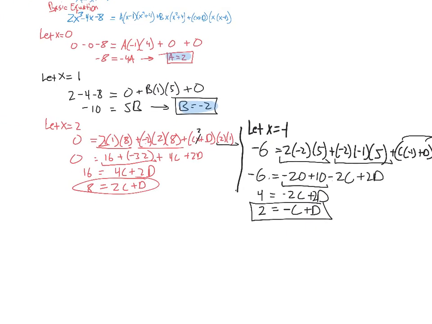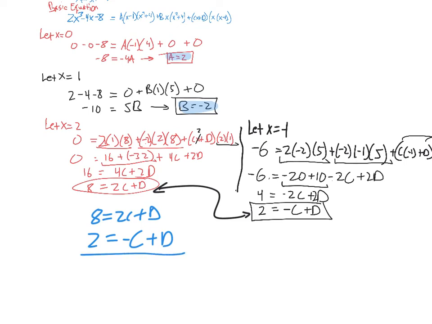Now we're kind of going down this rabbit trail here. We've got these two equations that are a C and a D equation. So let's solve the system. 8 equals 2C plus D, and 2 equals negative C plus D. And if we subtract these equations to make the D's go away, we get 6.